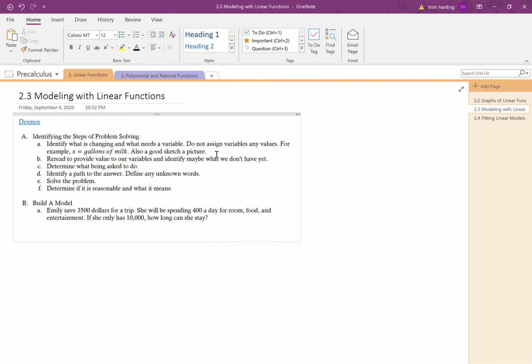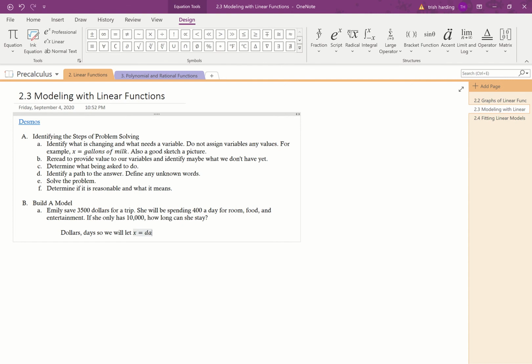So we're going to identify what's changing. It looks like her dollars are going to be changing, and then her days are going to be changing. So we will let X equal days.